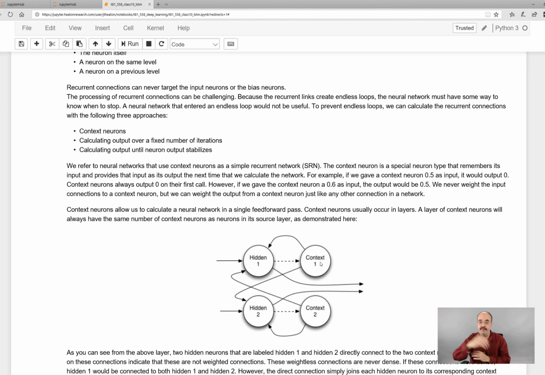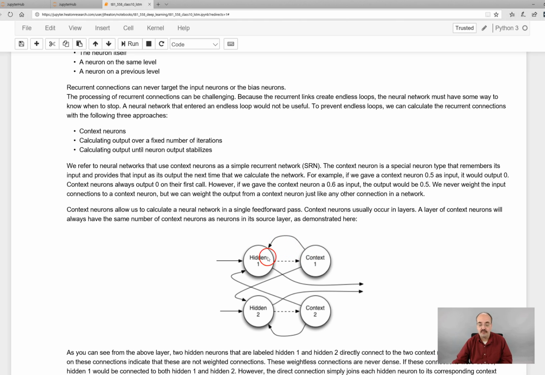You're constantly keeping the value from the previous output from the hidden neuron and allowing that to stay until the next call, and then you copy it back. It becomes part of the input on the next call. So really, it's like there are 3 input neurons to hidden 1, but 2 of those are the context layers that are just the outputs from the previous call.